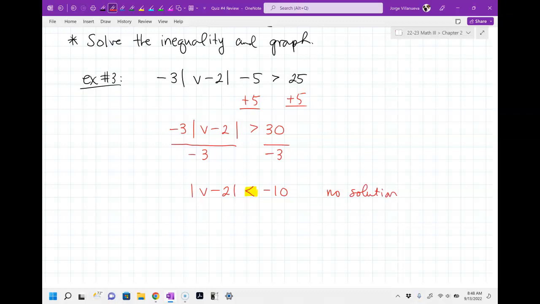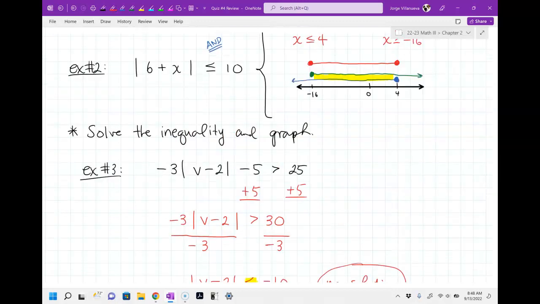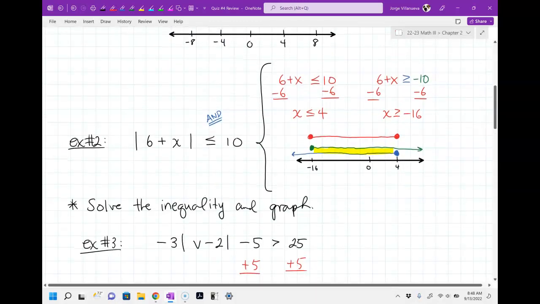Anything negative, so -1, -2, -3. After you simplify it all, if there's still a negative on the right side, then there's no way an absolute value can be less than -10. It's a negative number, so it needs to be positive. Now, if at this point the number on the right side was, say, a +10, then you just do it the way we did example 2.